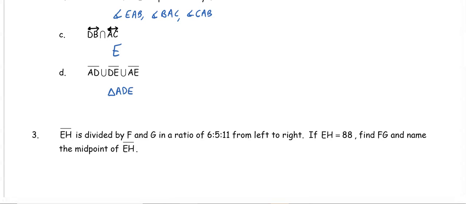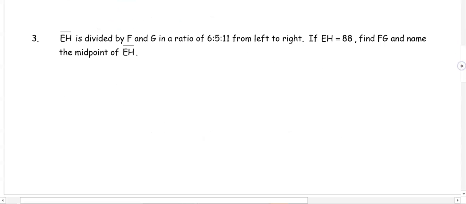Number 3, EH is divided by F and G into the ratios of 6, 5, and 11 from left to right. If EH is 88, find FG and name the midpoint of EH. So if we are dividing it with the ratio, we have EH as our whole line. Then we have F and G. EF is 6.